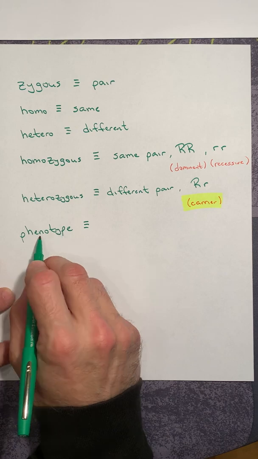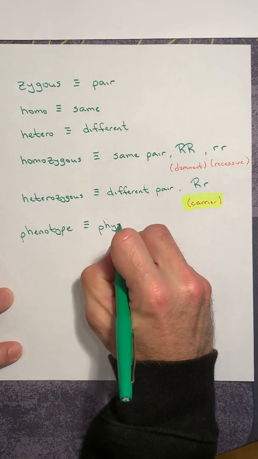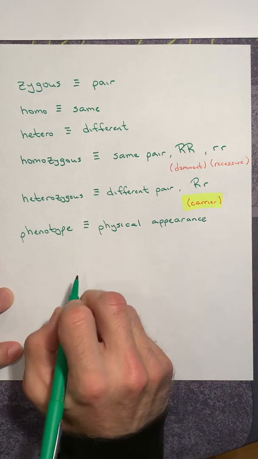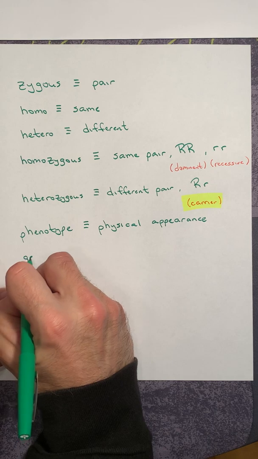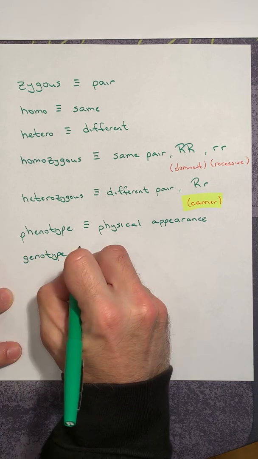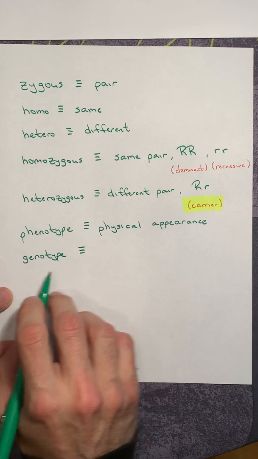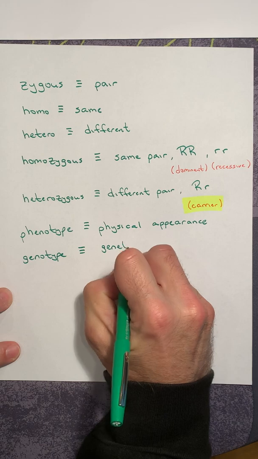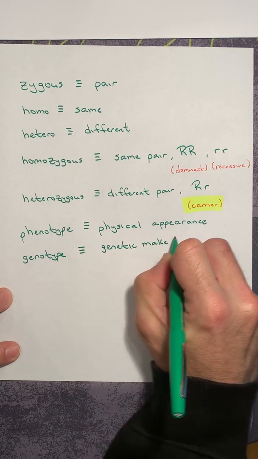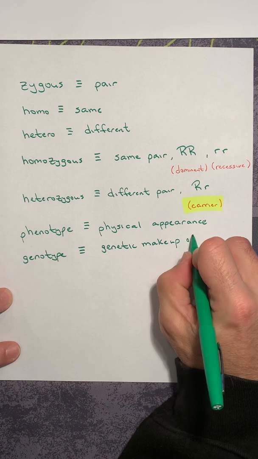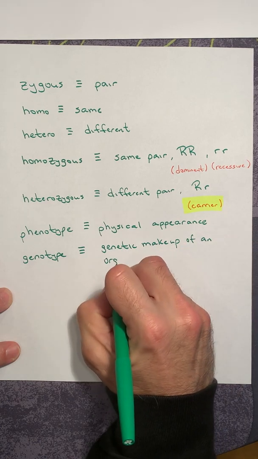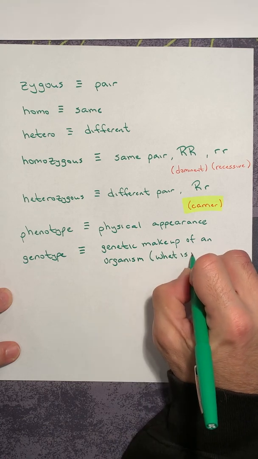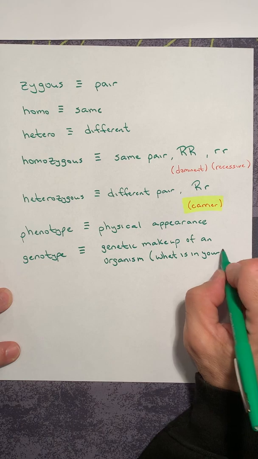What do they look like physically? This is your physical appearance. Whereas what you carry in your DNA is referred to as your genotype. What do you carry in your genes? This is your genetic makeup of an organism. What is in your DNA?